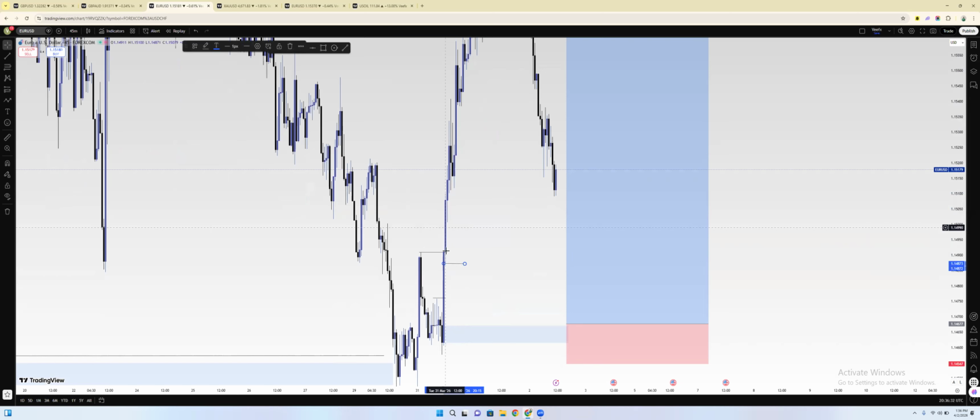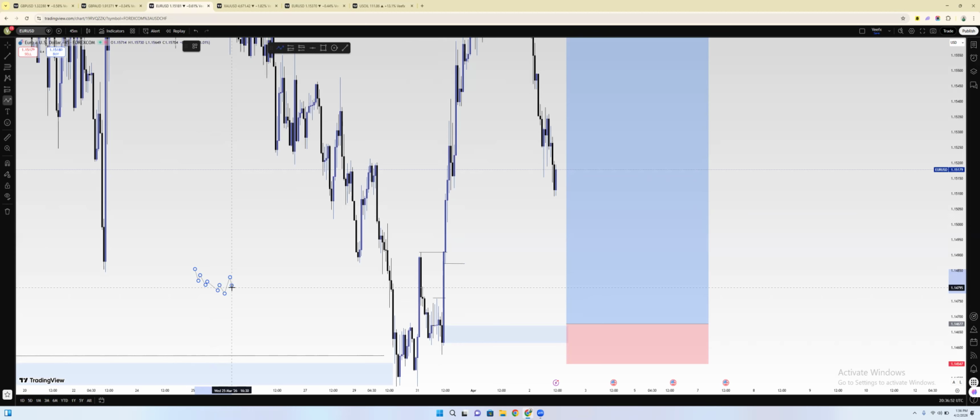Now, for your inducement liquidity to be valid, it needs to take out the candle that caused that market structure shift or double break of structure. For instance, let's say your market structure shift occurred like this, and then this is your pullback.